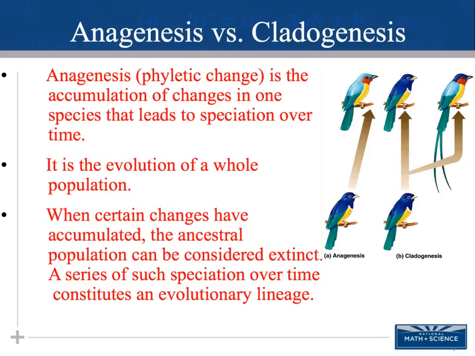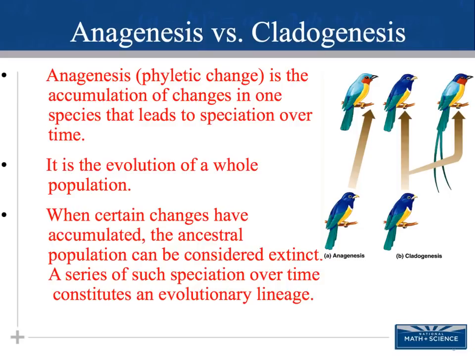So think of it as the evolution of an entire population. To put it in layman's terms, you have one kind of organism. Over 50 years or 100 years or 2,000 years, however many years, they change into a completely different species or a different population, and the original population no longer exists.